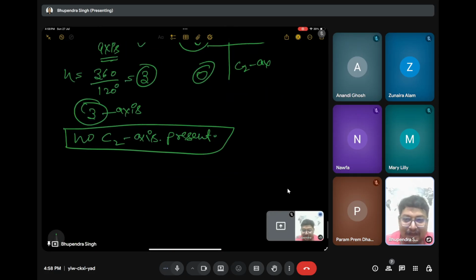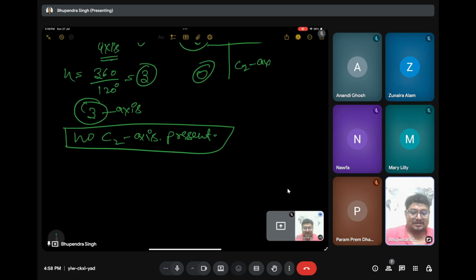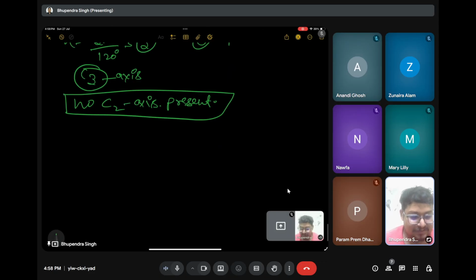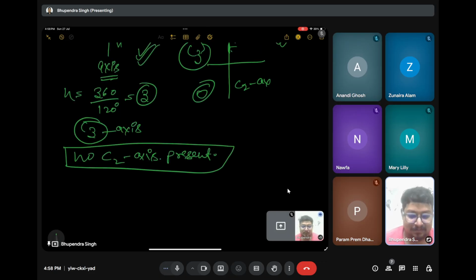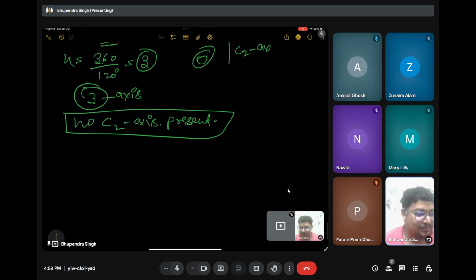That is why I remember it so correctly, that you must remember the structure of the molecule. This is the important thing.